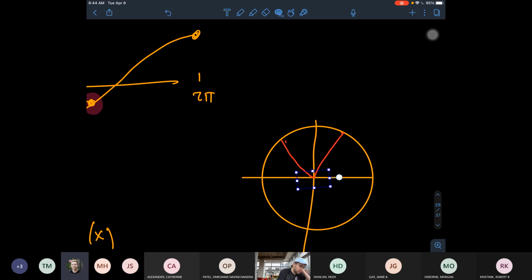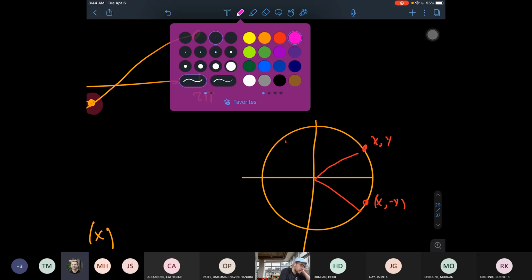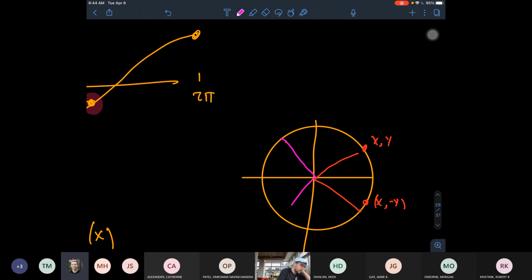If the x value of our points on the unit circle is going to be the same, that means we're going to be facing in this direction, such that we get these 2 points here, which are the points x comma y and x comma negative y. Or it's going to be facing in the direction over here, in which case we get the points negative x comma y and negative x comma negative y.